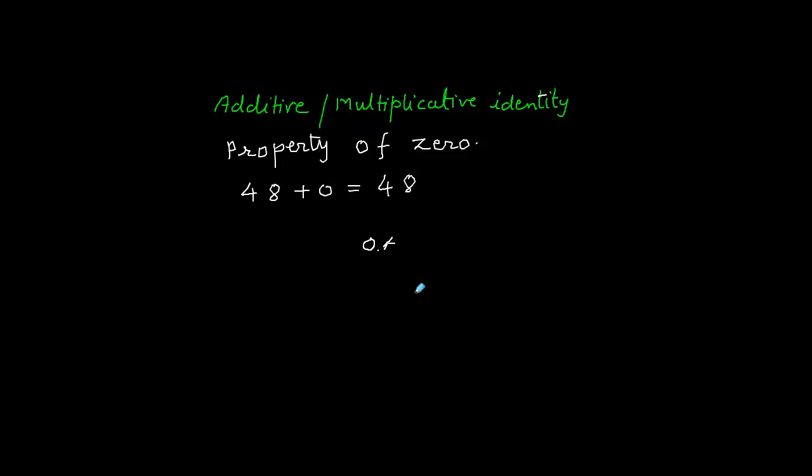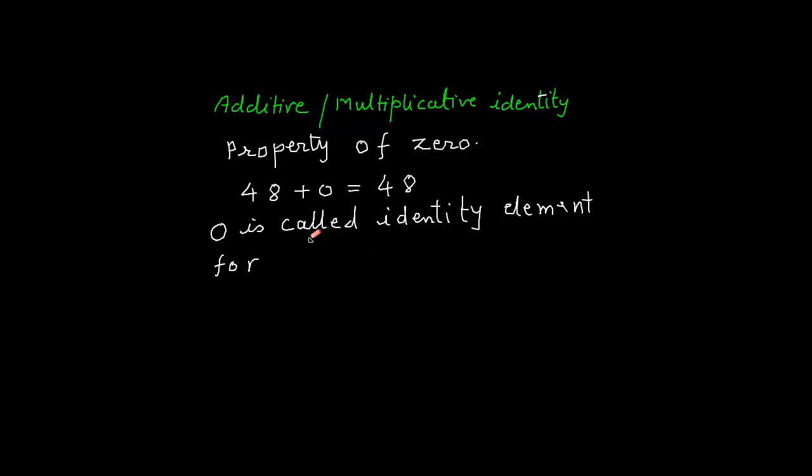Are you getting it? I'll explain you that. So 0 is called identity element for addition. Are you getting it?